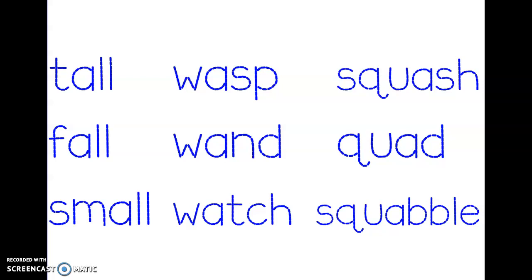Can you guess what letter makes the ah sound? Good, A. When the letter A comes before an L, it often makes a sound similar to a short O. We'll code A's that sound like short O's with 2 dots, like this.